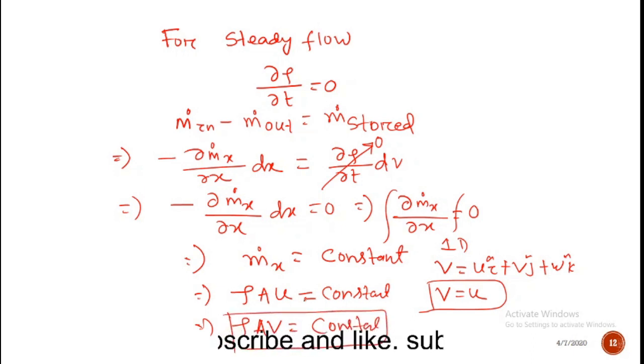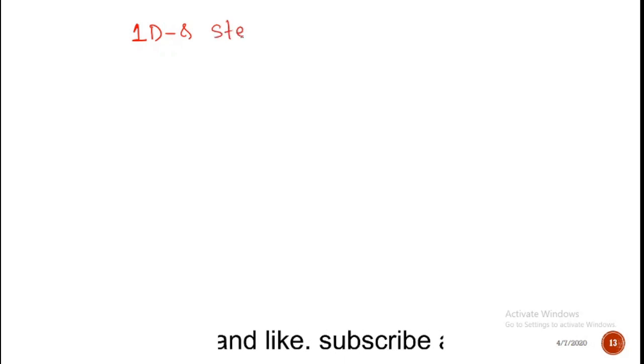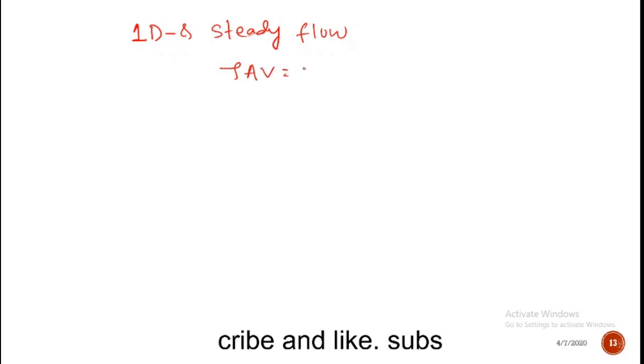This is the continuity equation for one dimensional and steady flow. Remember, for one dimensional and steady flow, the continuity equation is rho A V equal to constant.